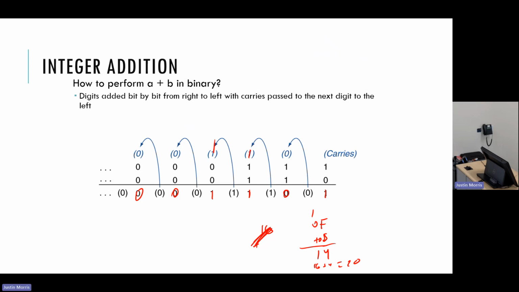And so like in decimal, we're always carrying a 10. In binary, we're carrying a 2. So in decimal, you carry the 10, and in binary, you carry the 2, and in hex, you carry 16. That's because F plus 5 is 20.